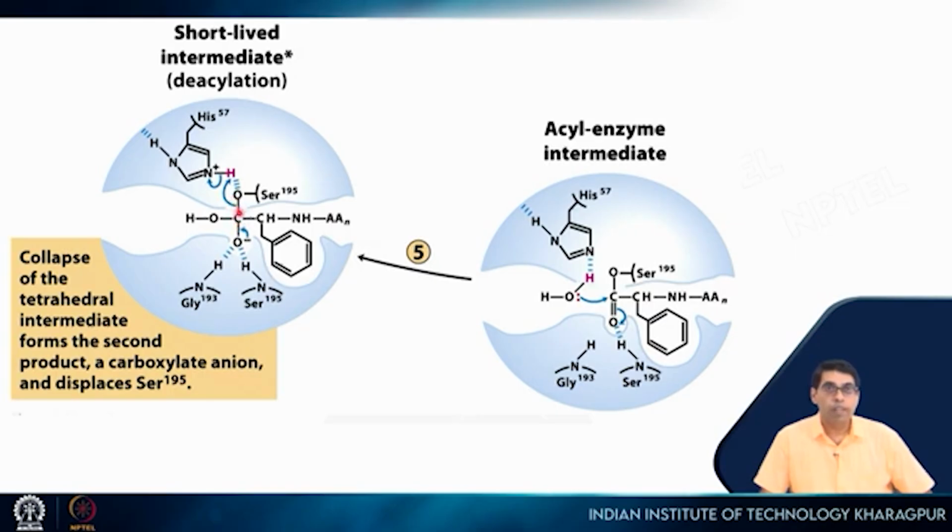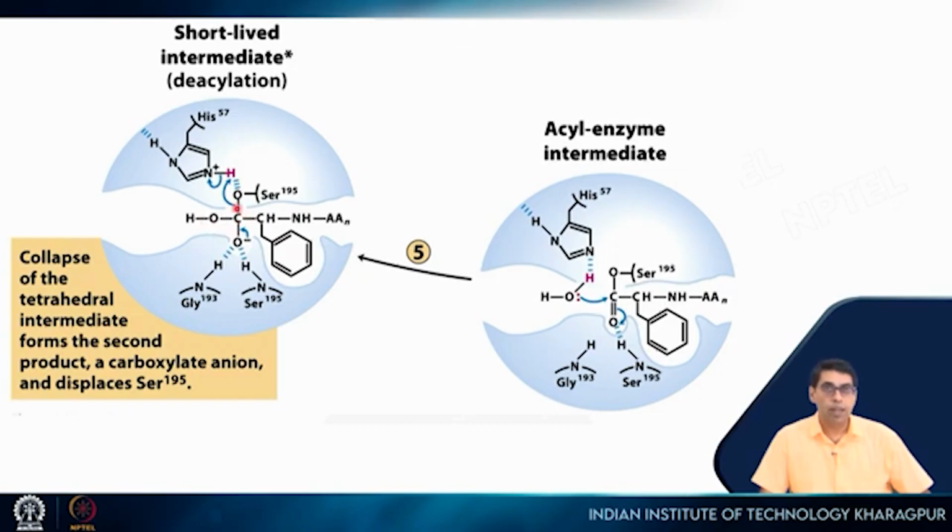Now this carbon-oxygen bond can break, or this carbon-oxygen bond can break, right? So now the histidine, just like the previous step, activates this oxygen. It forms a hydrogen bond with this, which makes this a better leaving group compared to this OH.